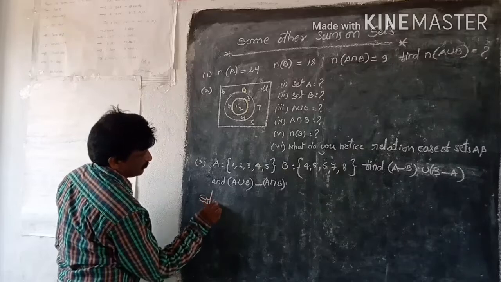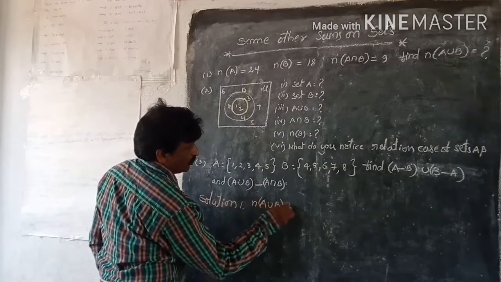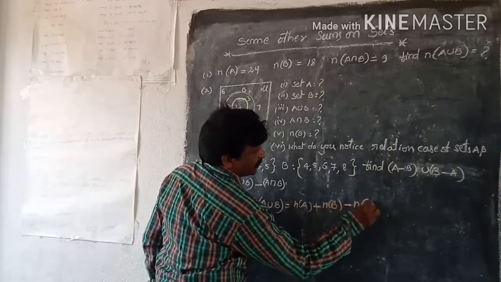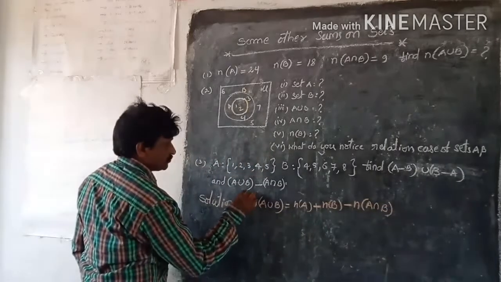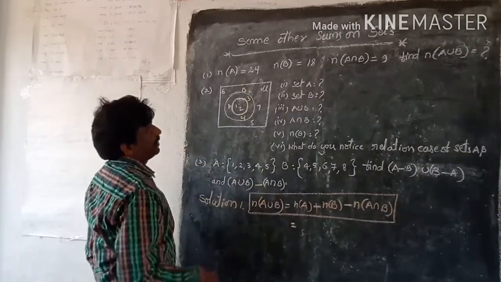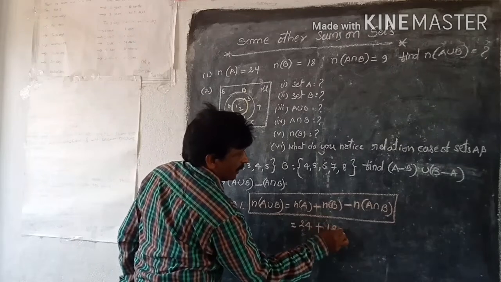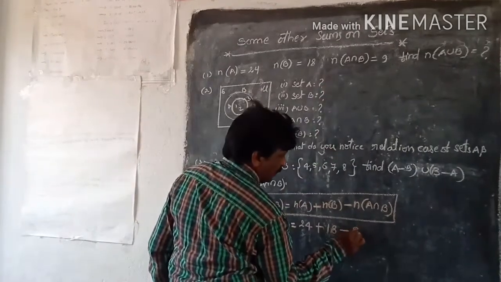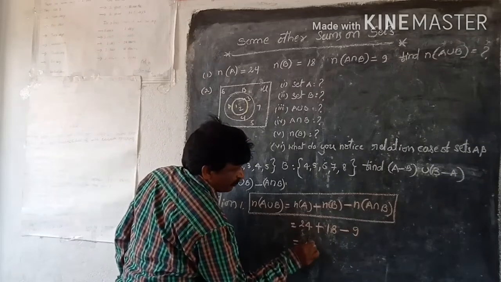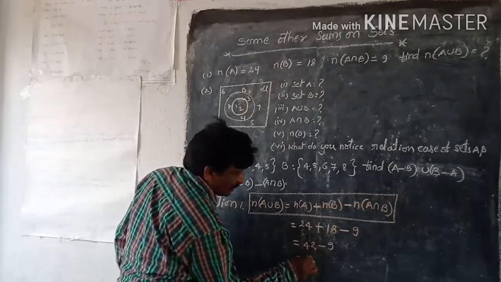Solution 1: n(A union B) is equal to n(A) plus n(B) minus n(A intersection B). So 24 plus 18 is 42, minus 9, so 33.